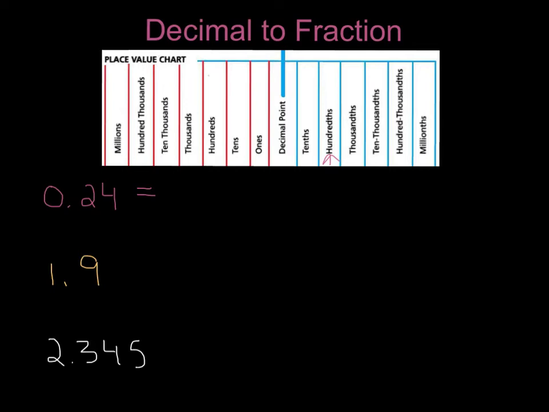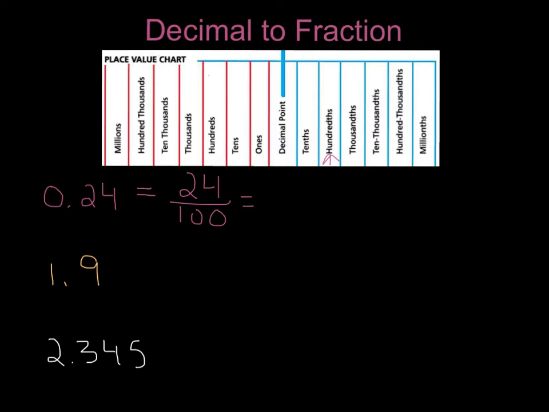Well, let's just write 24 hundredths as a fraction. 24 hundredths. And now we just have to simplify that fraction. So what can you divide both of those by to reduce? Let's see, I know they're both even, so I could cut them both in half.